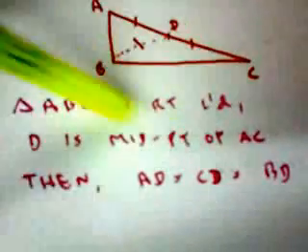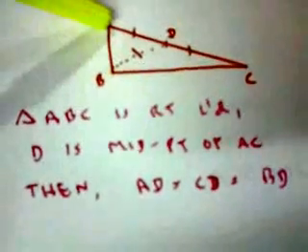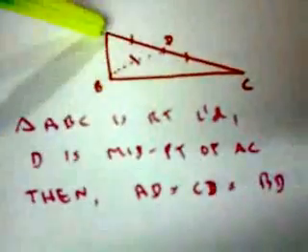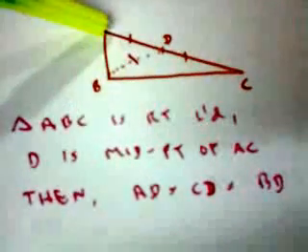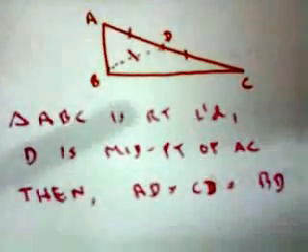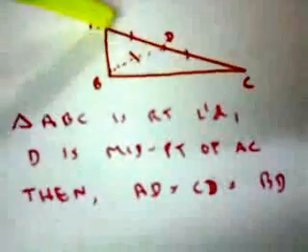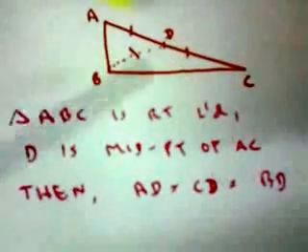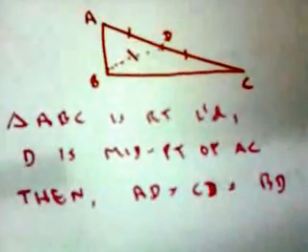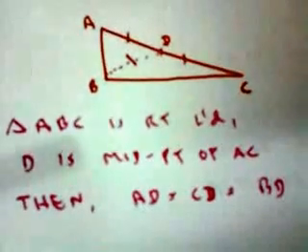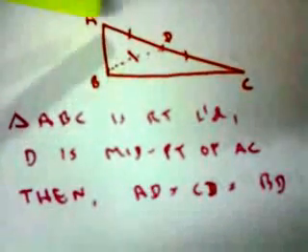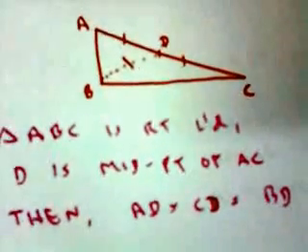We know that angle in a semicircle is a right angle. Here B is a right angle and B will fall on the circumference. So by this we can remember that if D is the midpoint of hypotenuse AC, then D is also the center of the circle which passes through A, B and C.